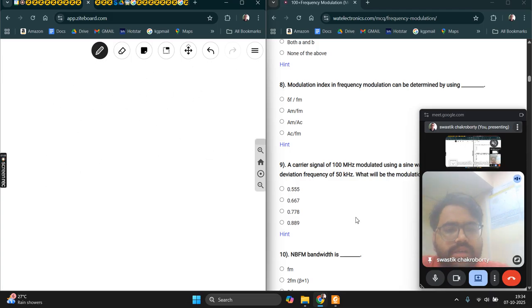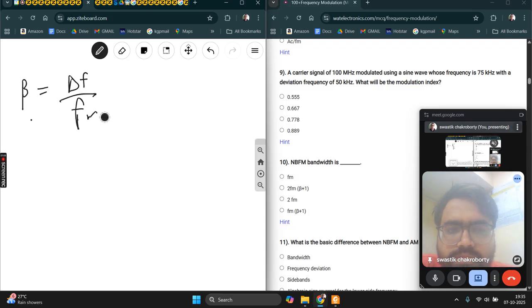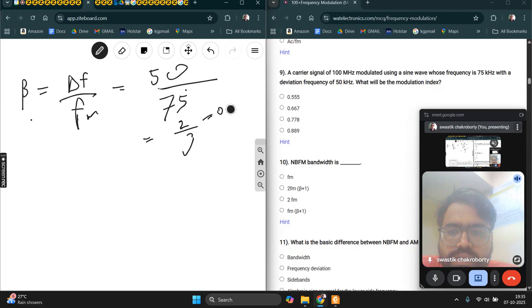What is the modulation index? The modulation index is Δf/fm. The deviation is 50 kHz and it is based on a message signal whose frequency is 75 kHz. So it is precisely 2/3 or 0.667. So the correct answer is 0.667.